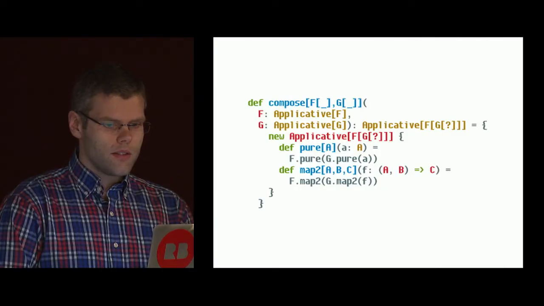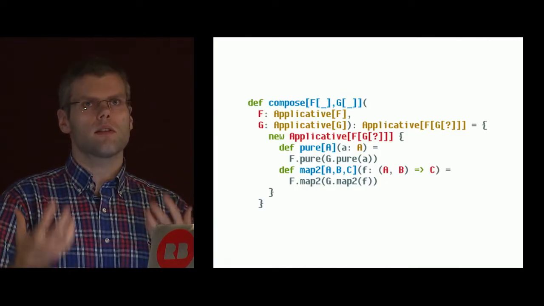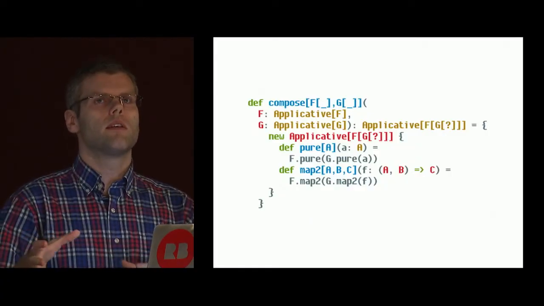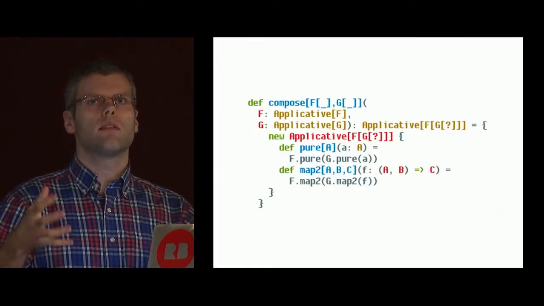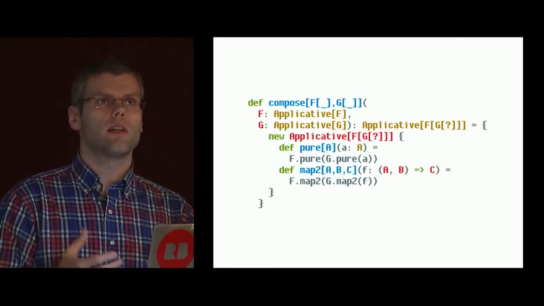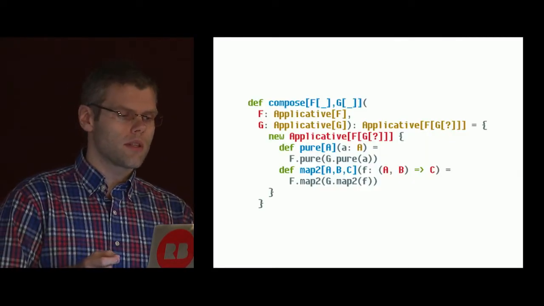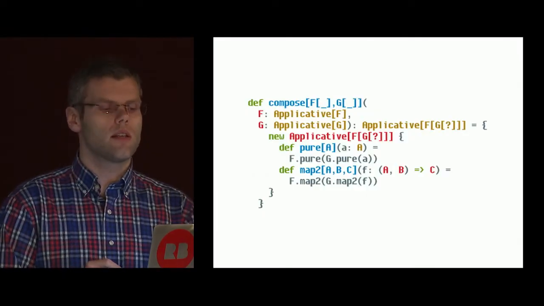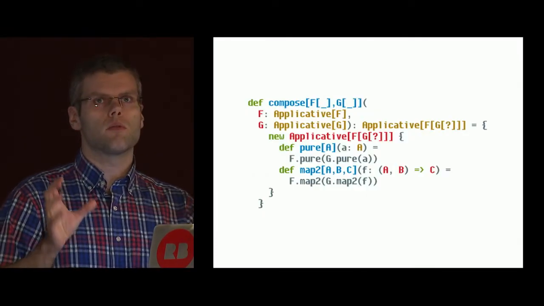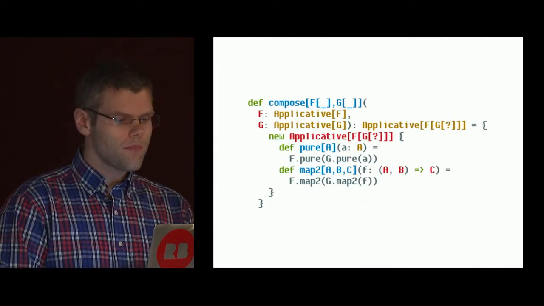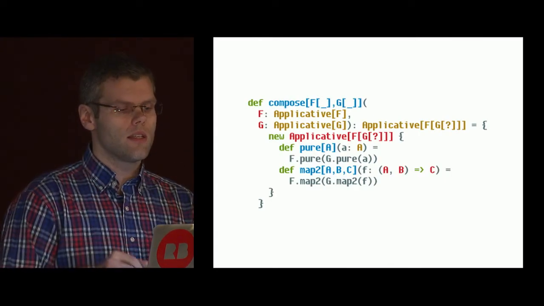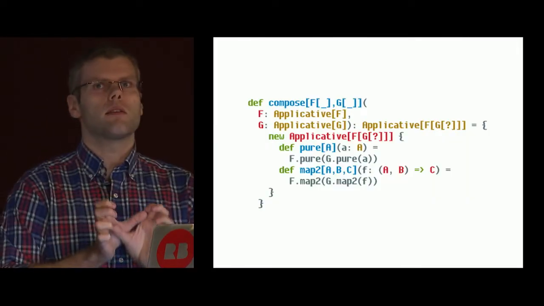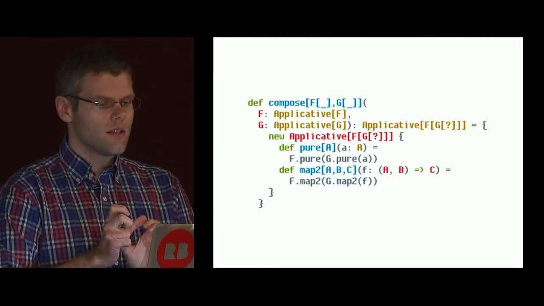But in doing so, something is lost. When we go from applicative functors to monads, we gain this additional capability of joining and flat mapping, but we lose something as well. We lose the ability to mechanically compose these things. So if you have two data types or two applicative functors, F and G, you can always mechanically compose them into a composite functor FG.